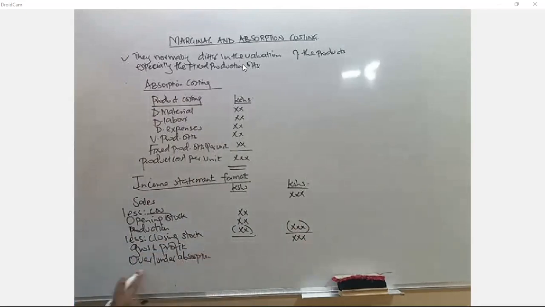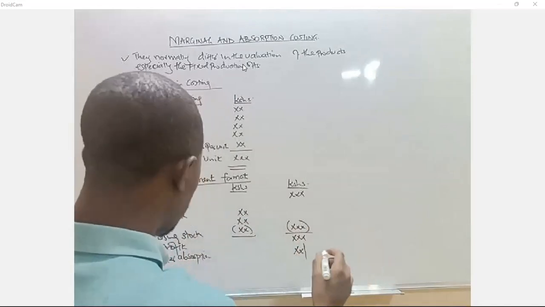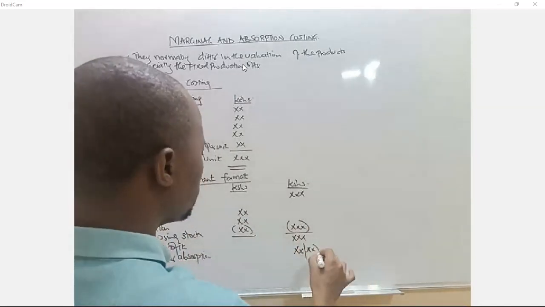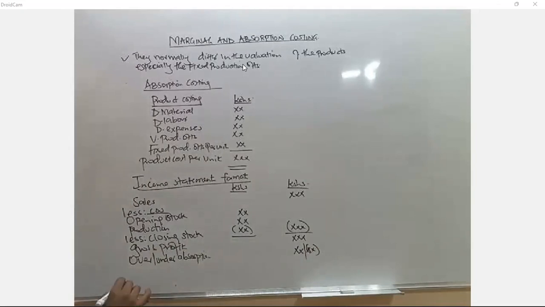If it is over absorption, we are going to be adding. And if it is under absorption, we are going to be subtracting. Then the other thing that we have to look at here, we deduct operating expenses.